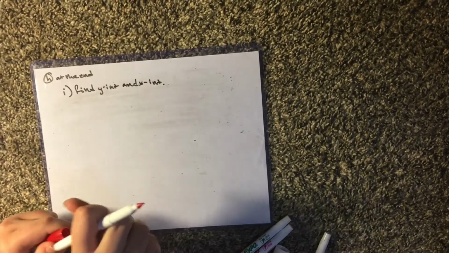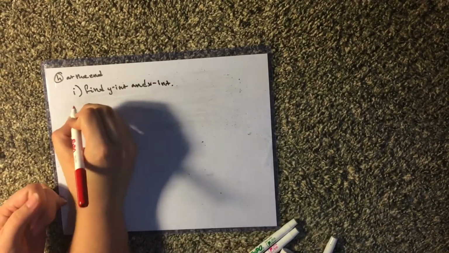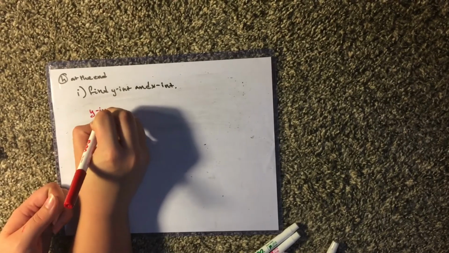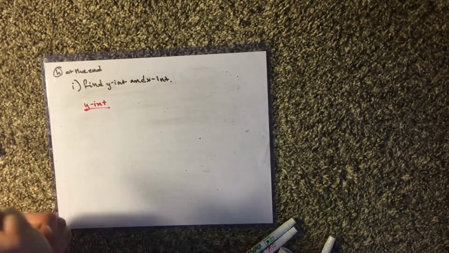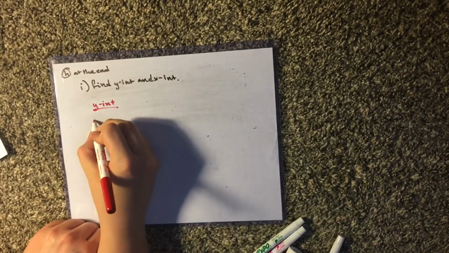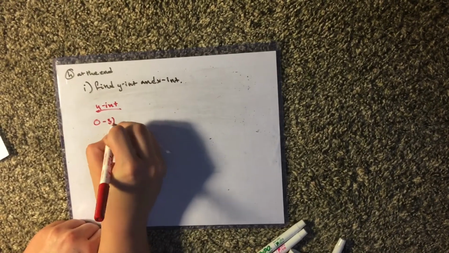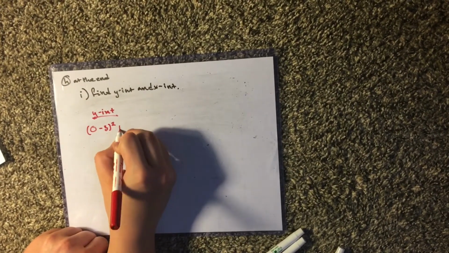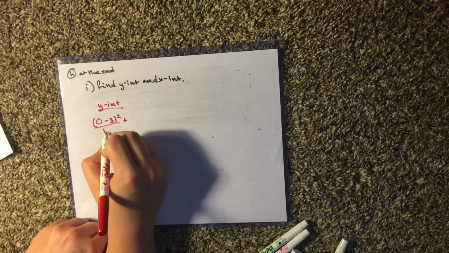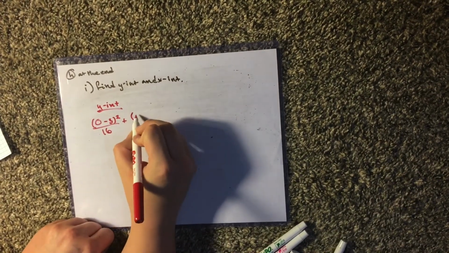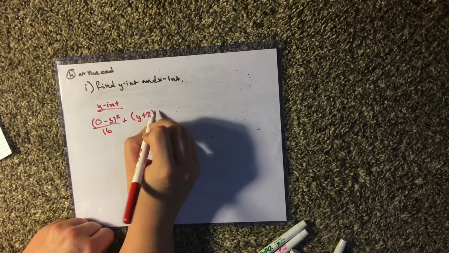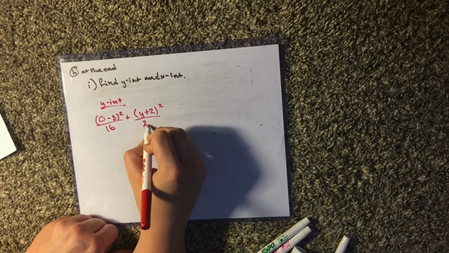So we're going to use red for the y-intercept. Y-intercept is basically when x equals 0. So we're just going to replace 0 in with the rest of these. Plus, these are over 16, plus y plus 2 squared over 25.